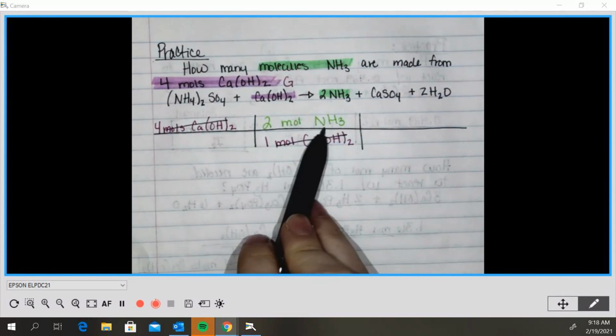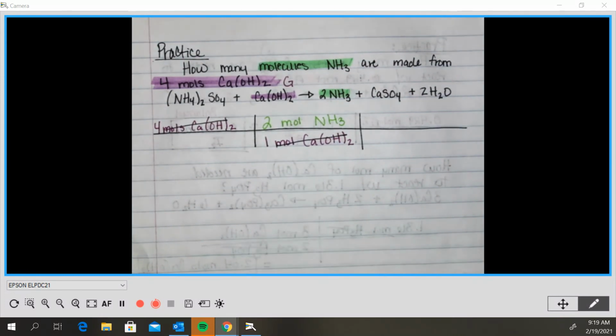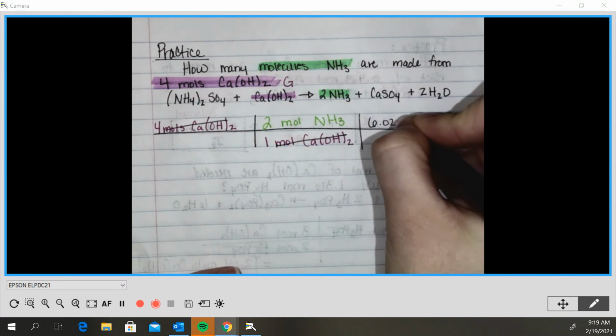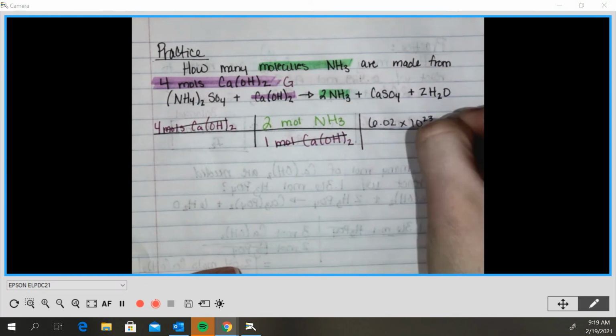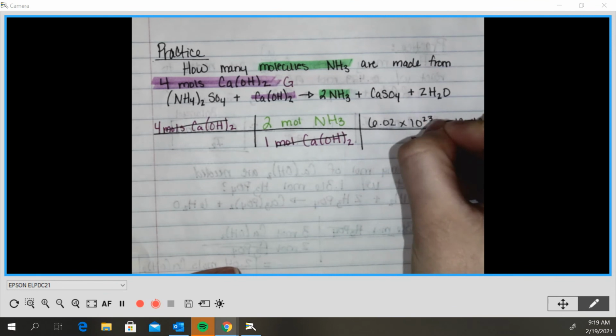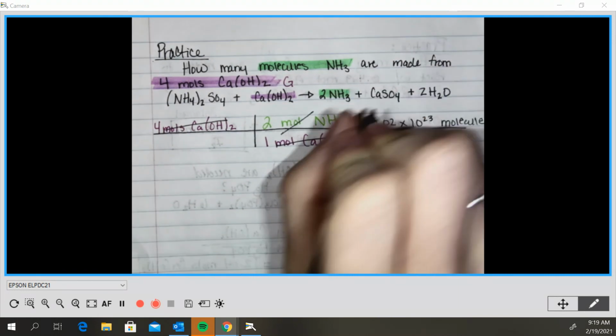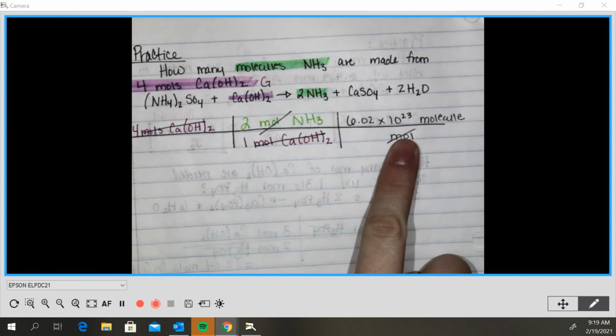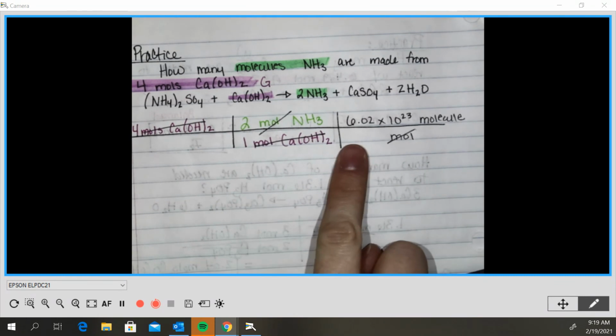All right, so right now we've got our moles of CaOH2 canceling out, and our unit is moles of NH3. What is my last step? What do I need to do next? Miss Crandall. Put Avogadro's number on top. Yes, we're going to put Avogadro's number on top, which is 6.02 times 10 to the 23rd molecules. We're going to put that over mole. And next you're just going to multiply. So 4 times 2 times Avogadro's number, or basically 8 times Avogadro's number.